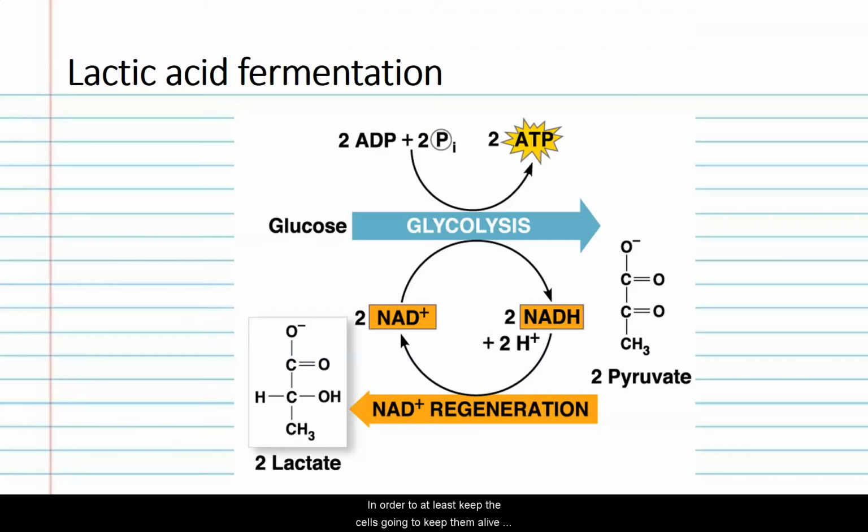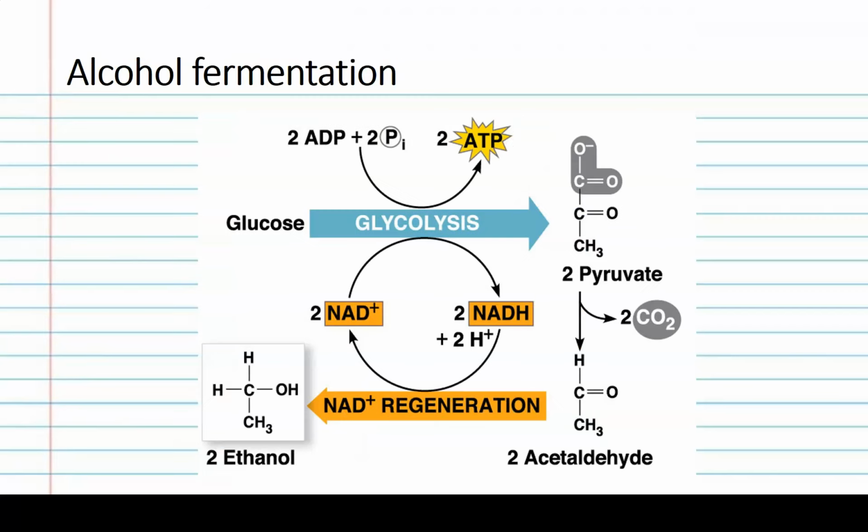So in order to at least keep the cells going, to keep them alive until more oxygen can be transported to the cells, they will switch temporarily to lactic acid fermentation. That gives the cells just a little bit of ATP per glucose. Fermentation is not a particularly efficient way of getting ATP. You're going to get the most ATP if you can go through respiration.